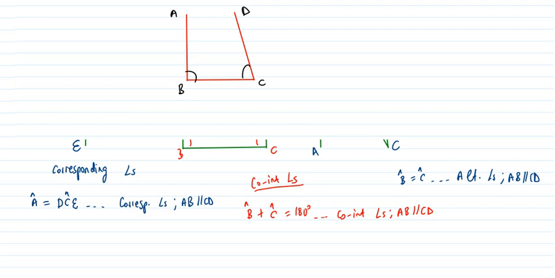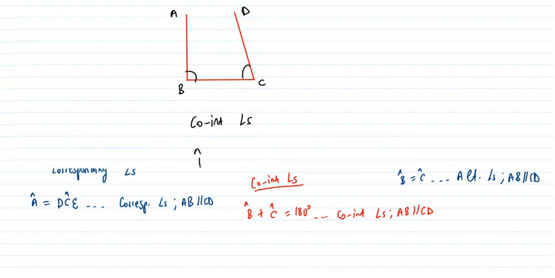So these angles here, good people, they are co-interior angles. It's just that because they are inside, they are co-interior angles because they are inside the U shape. It's just that when you add angle B there and angle C, the answer that you get is not equal to 180 degrees.